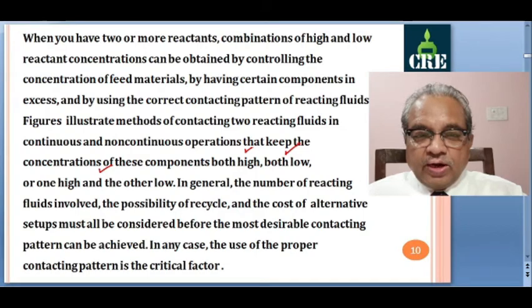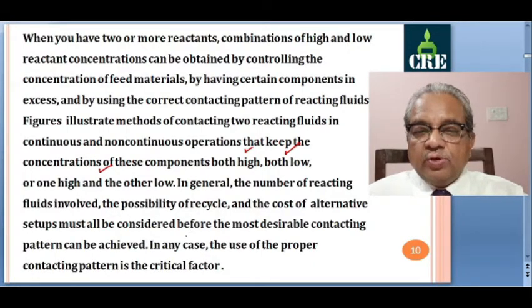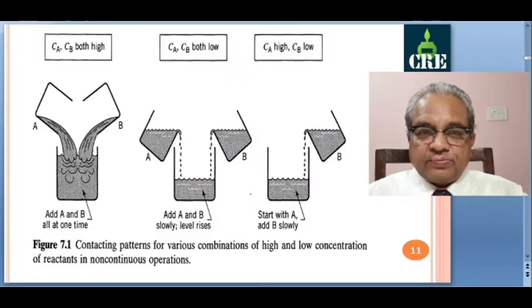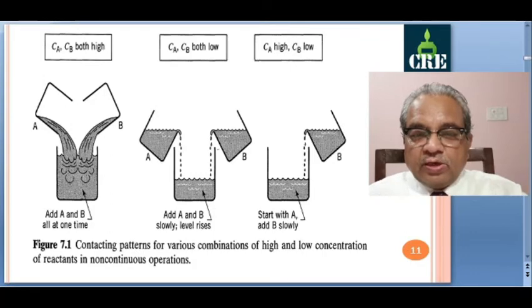In general, the number of reacting fluids involved, the possibility of recycle, and the cost of alternative setups must be considered before the most desirable contacting pattern can be achieved. In any case, the use of the proper contacting pattern is critical. So contacting pattern is the critical factor. How, we will see. Now here, contacting patterns for various combinations.